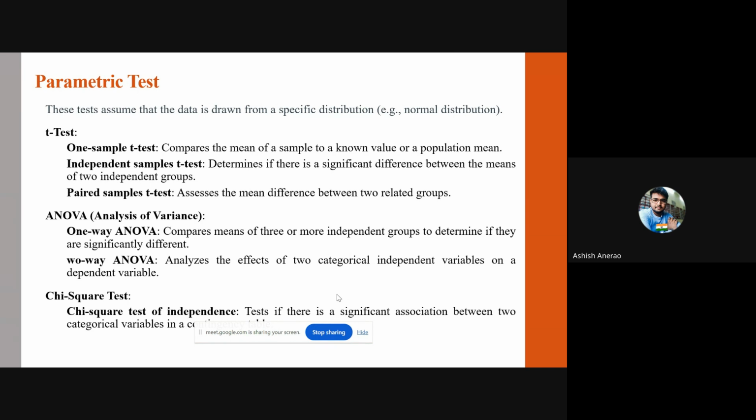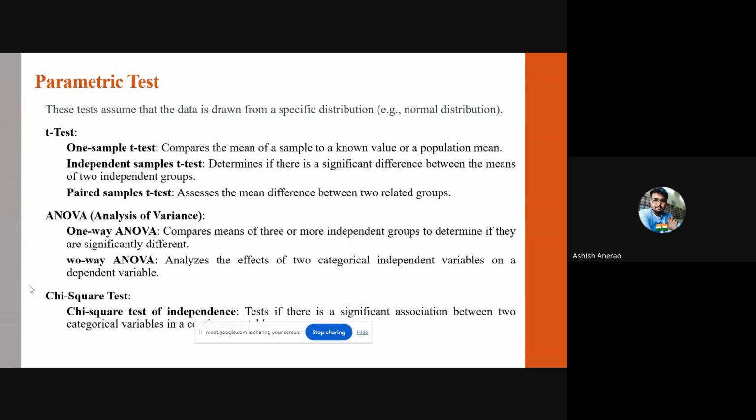But I made one mistake here, because chi-square is not a parametric test. Chi-square comes under non-parametric tests, because if we have skewed data, at that time we use chi-square. But the t-test and ANOVA are parametric tests.